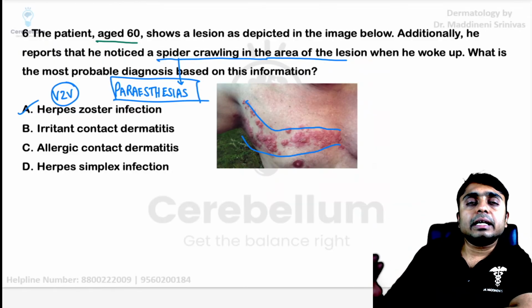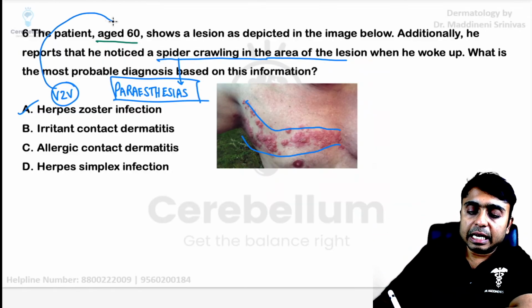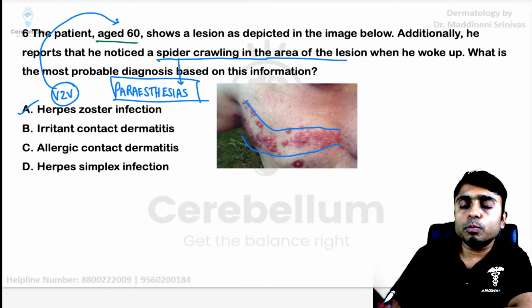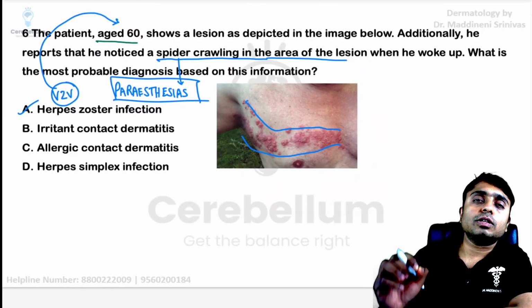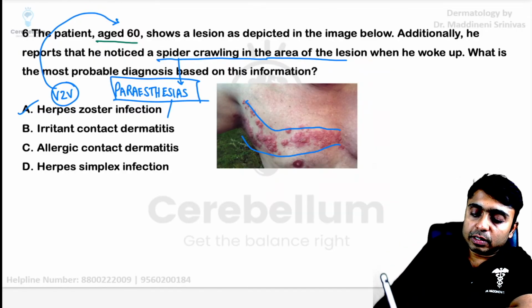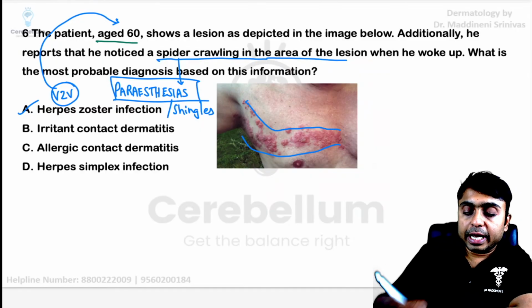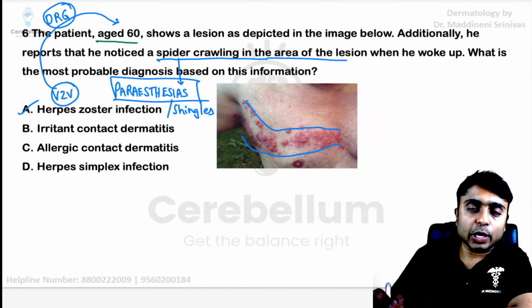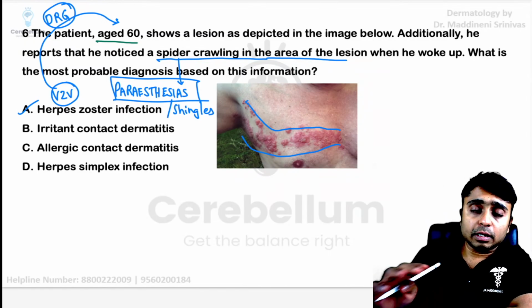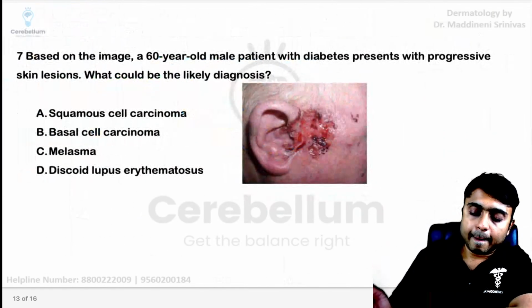Later on, when it gets reactivated, as in this case in elderly individuals most likely, or those who are immunocompromised, we see this condition which is herpes zoster, also called shingles. Till the time of reactivation, it lies dormant in the dorsal root ganglion.